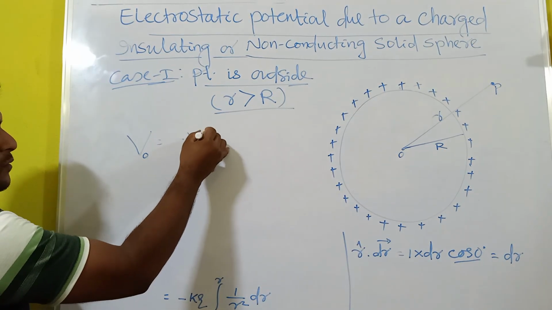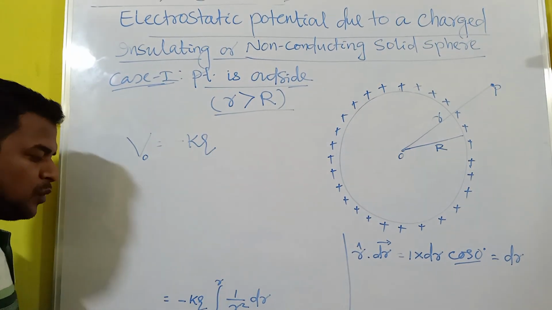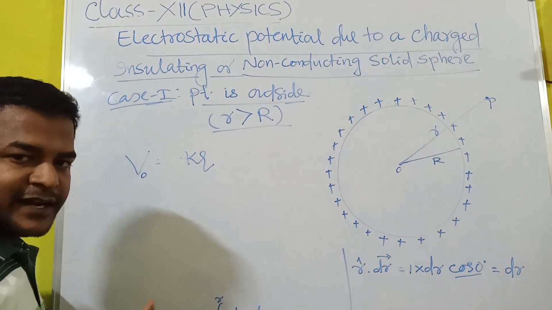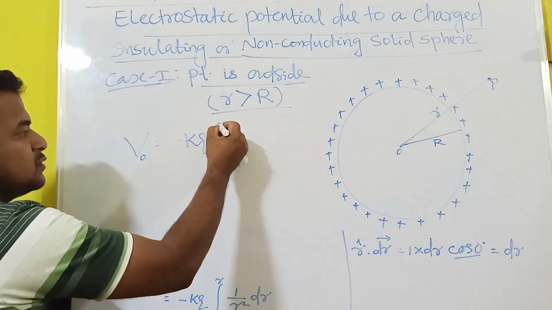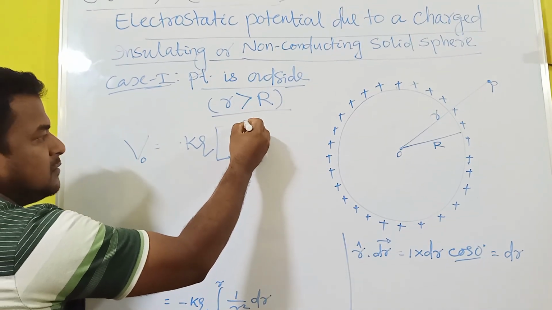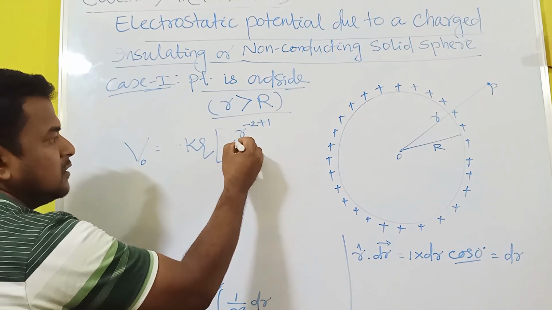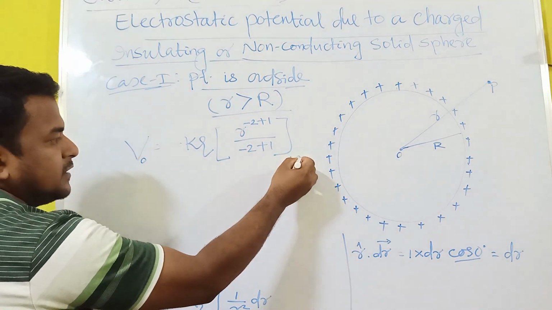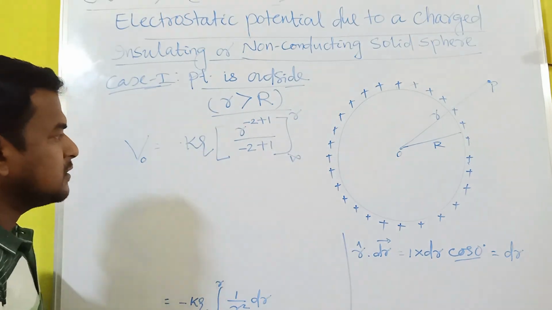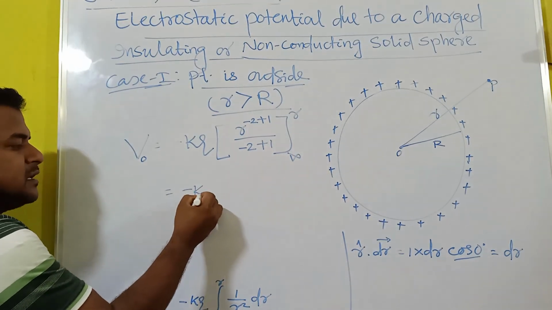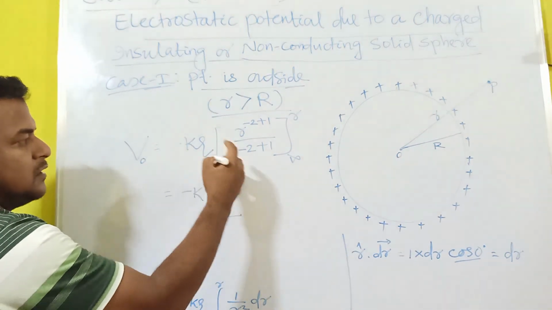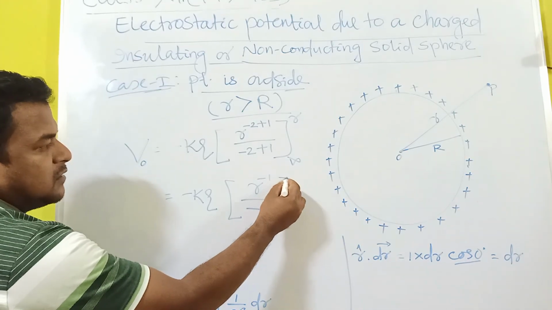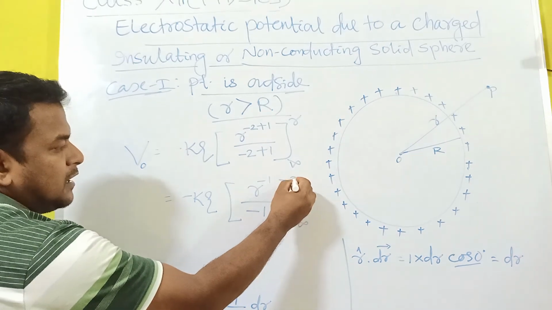Minus kQ times the integral of 1 upon r square dr, which is the integral of r to the power minus 2 dr. So it will be r to the power minus 2 plus 1 upon minus 2 plus 1, from infinity to r. That is minus kQ times r to the power minus 1 upon minus 1, from infinity to r.